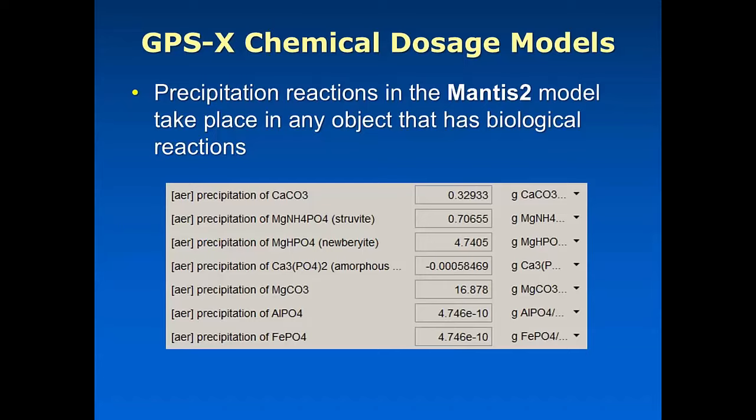And so here I've just highlighted the fact that there are these precipitation parts. They're generally down towards the bottom of the matrix, so you have to scroll to the bottom of that menu to find them, and you can find out here how much precipitation is going on in any one reactor in your layout. And if you see a negative number, by the way, that's indicating that it might be a little bit supersaturated and it's now being dissolved back into the liquid.